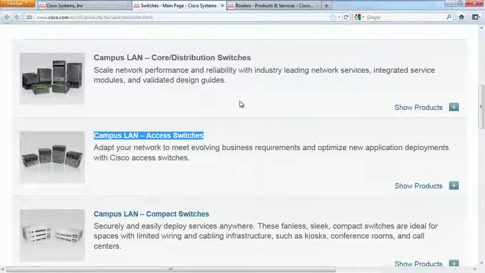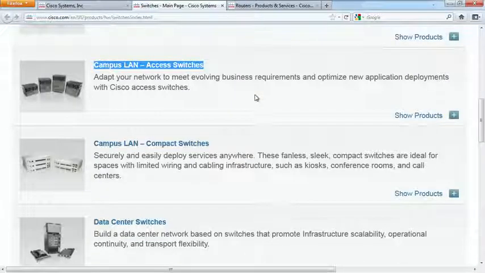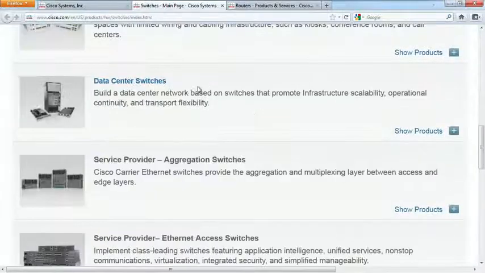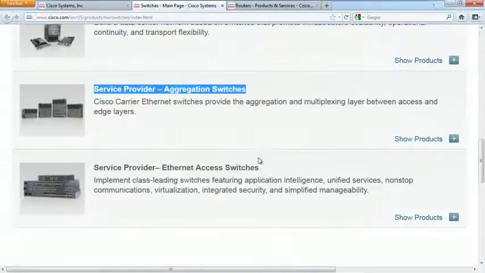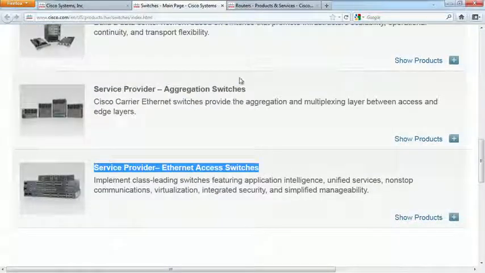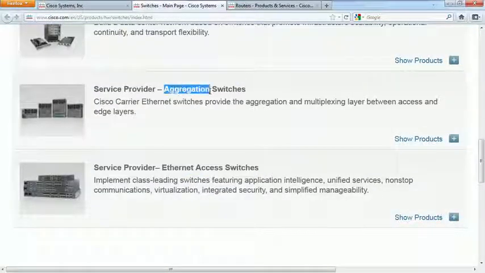Then they get a little bit more detailed for specific applications, like ones for data center applications, or ones for service provider aggregation or service provider Ethernet access, where the term aggregation basically means taking smaller portions of the network and combining them into larger single points in the network.